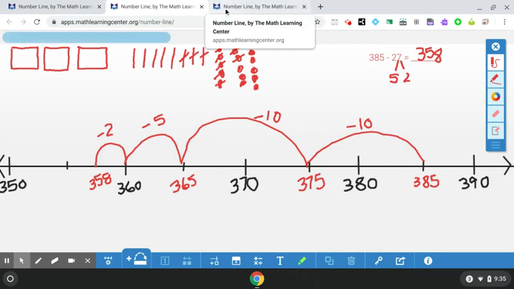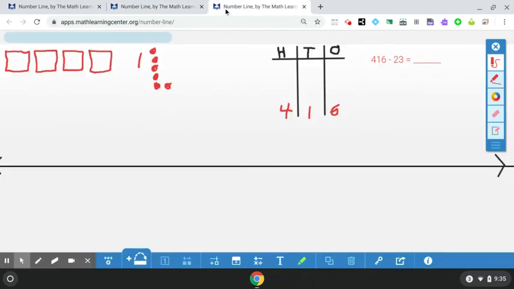Let's look at one more example because in your book on problem 2C, we have an open number line. And it's going to look a little bit different because as we count backwards by tens to do our subtraction, it gets a little tricky. And I wanted to do that together with you.